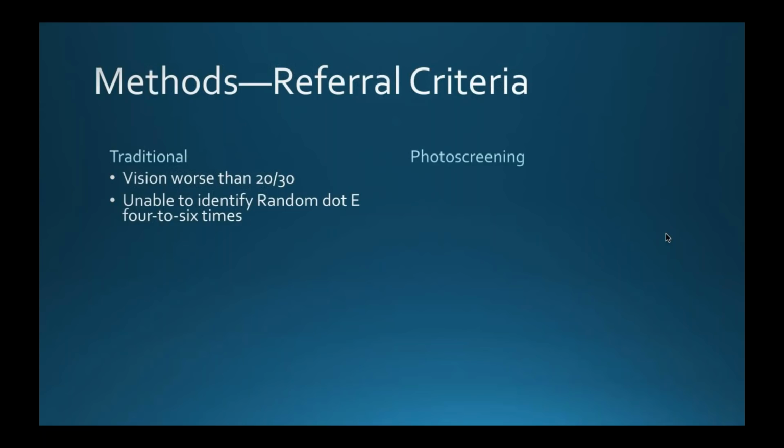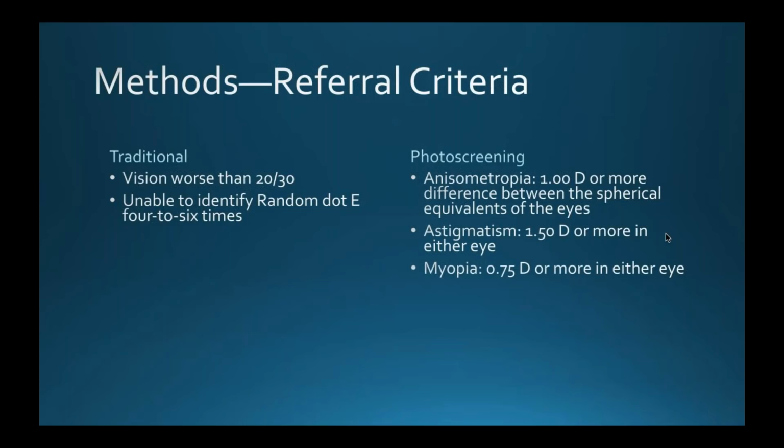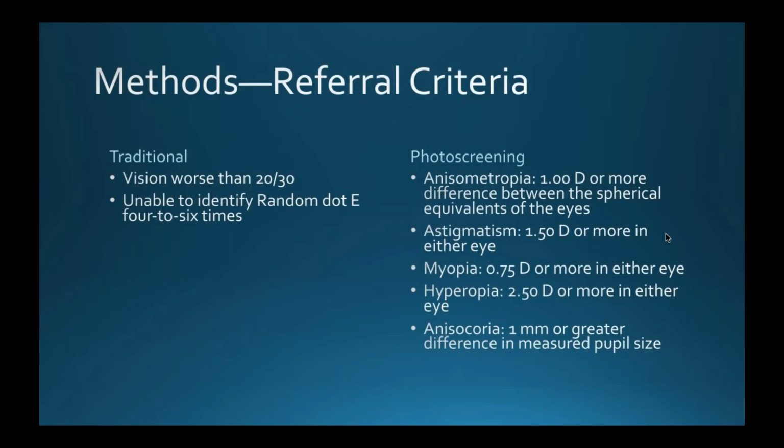Then we also look at photo screening, which measures the difference between the two eyes, the prescription between the two eyes, that is, astigmatism, nearsightedness or myopia, hyperopia or farsightedness, anisocoria, which is the fancy term for a difference of the pupils, or if there is a gaze asymmetry.